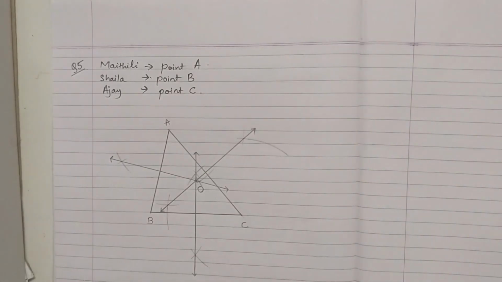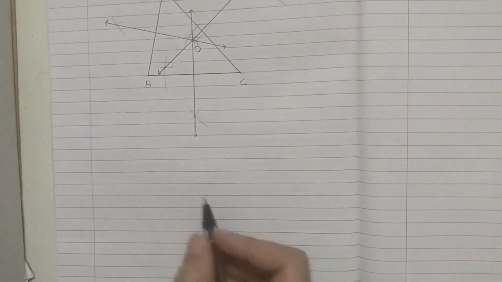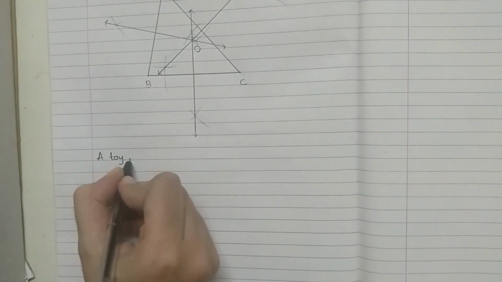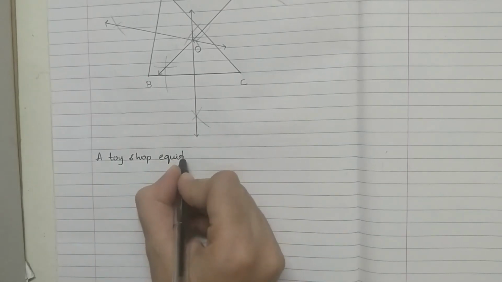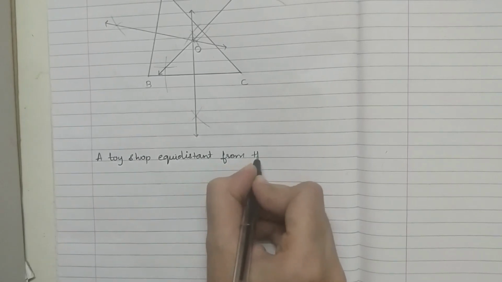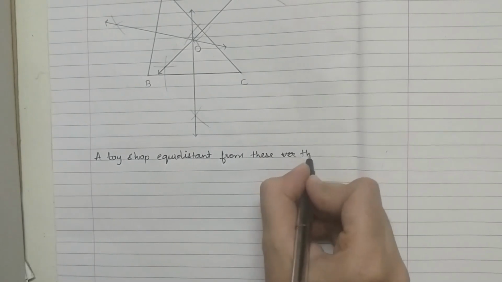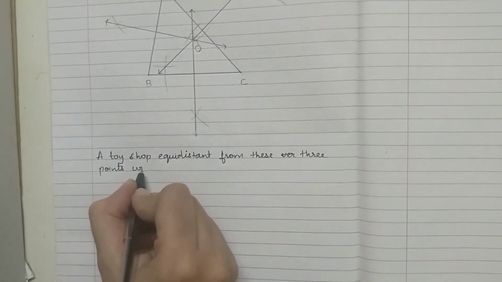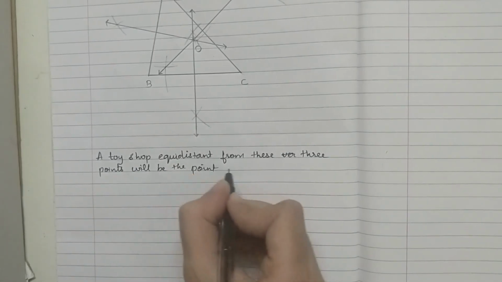As we have read in the question, the toy shop is equidistant from all the 3 places. So we are going to write down the explanation now. A toy shop is equidistant from these 3 points. You all are supposed to write it down in your book, students. A toy shop equidistant from these 3 points will be the point of concurrence.